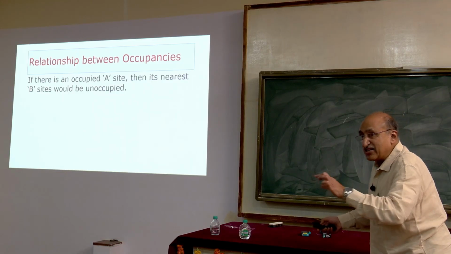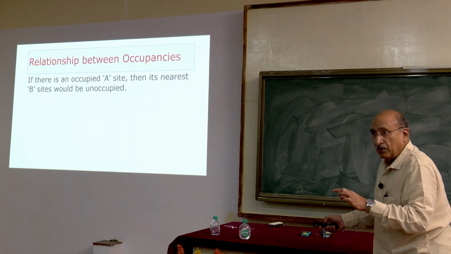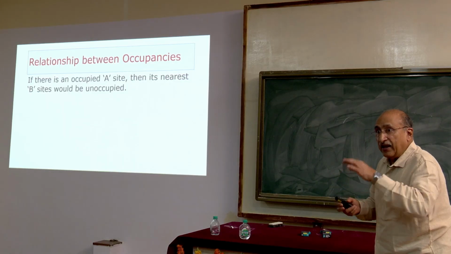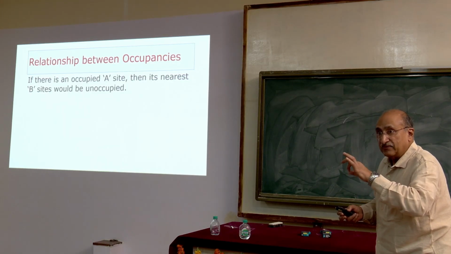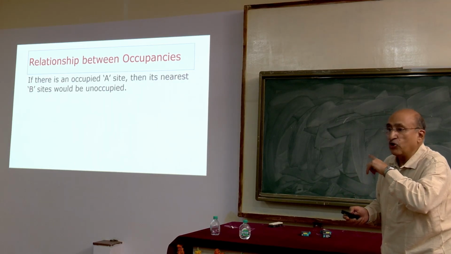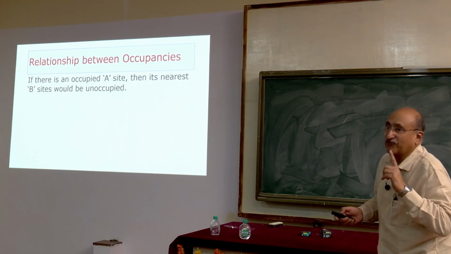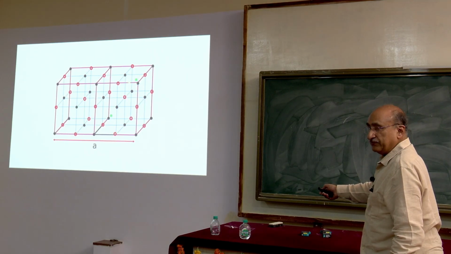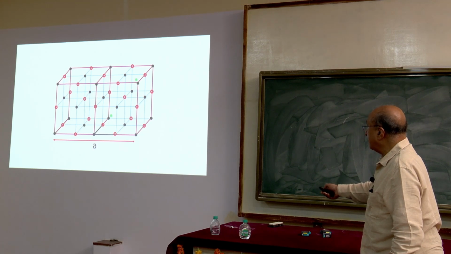Now I look at the relationship between them. How are tetrahedral and octahedral sites related? If there is a tetrahedral site which is occupied, then at the corners of that, there will not be any octahedral sites filled. For example, look at this particular thing. This particular tetrahedral site is filled here.